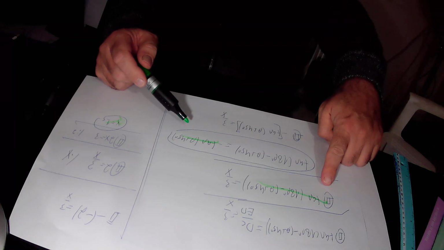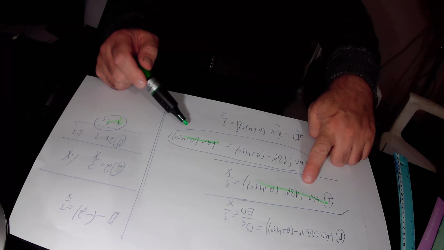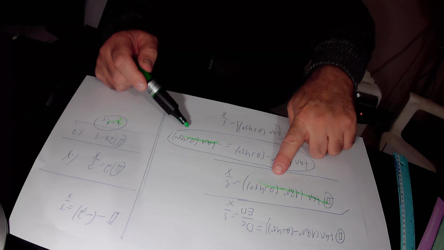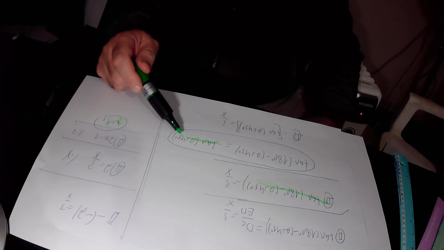So according to equation 2, tangent of (180 degrees minus (theta plus 45 degrees)) equals minus tangent of (theta plus 45 degrees).